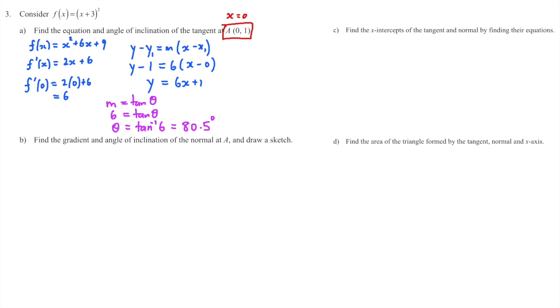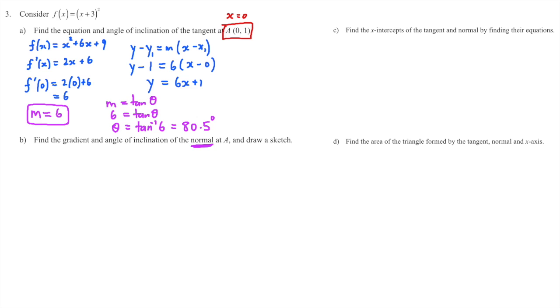Right, let's go to part B. Find the gradient and the angle of inclination of the normal at A. Well, at A, we know the gradient is 6. So we know back here the gradient at A was equal to 6. What would the gradient of the normal be?